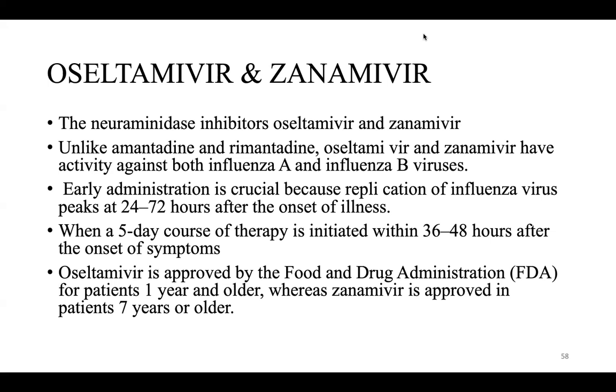Those agents competitively and reversibly interact with the active enzyme site to inhibit viral neuraminidase activity at low nanomolar concentration. Inhibition of viral neuraminidase results in clumping of newly released influenza virions to each other and the membrane of the infected cells.